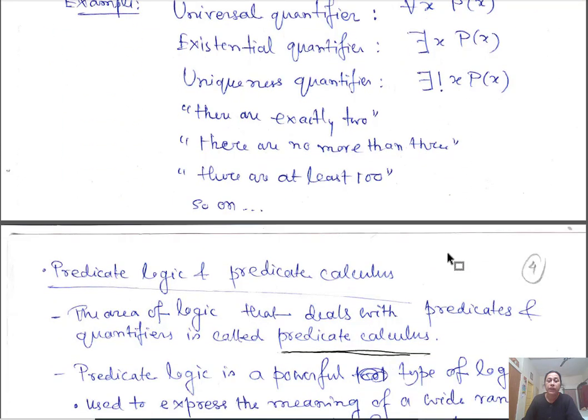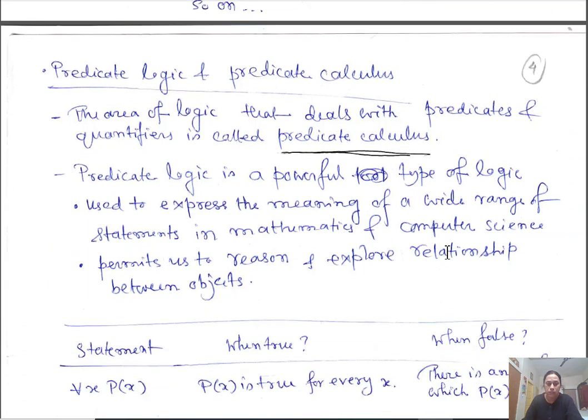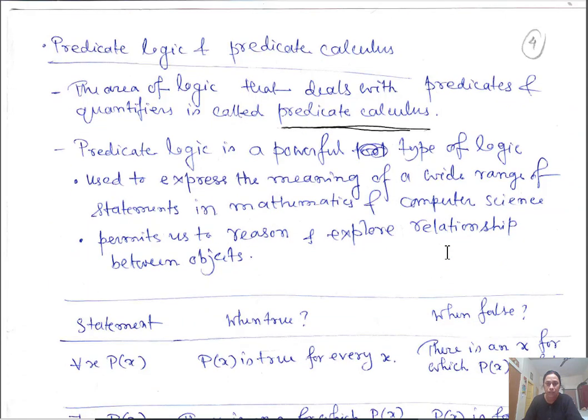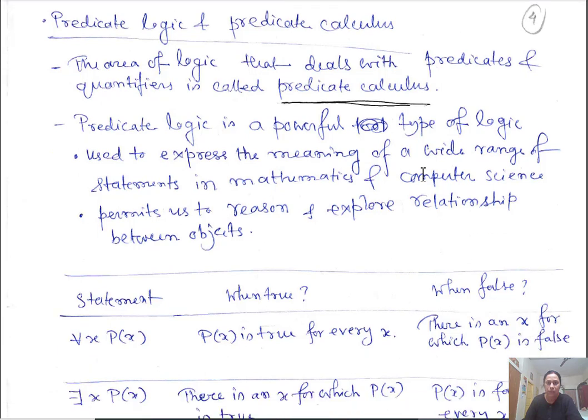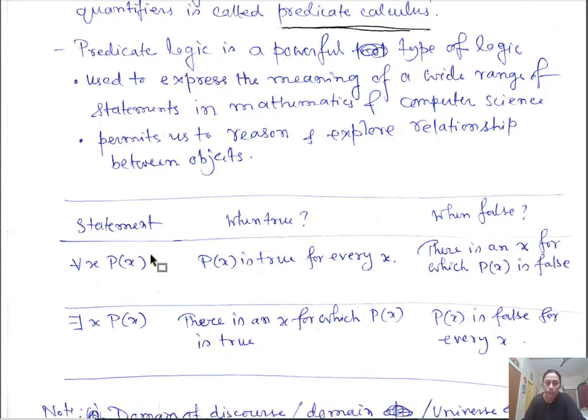So, predicate logic and predicate calculus. This deals with logic, with these predicates and quantifiers. Here the statement for all x, P(x), when true, means P(x) is true for all x. When false, it means there exists some x for which P(x) is false.